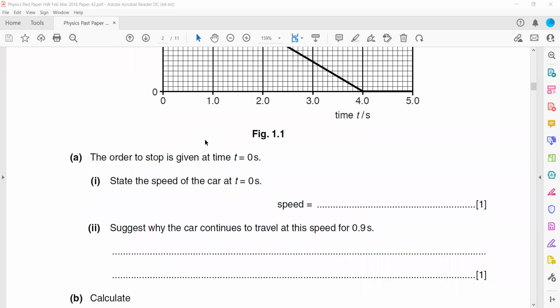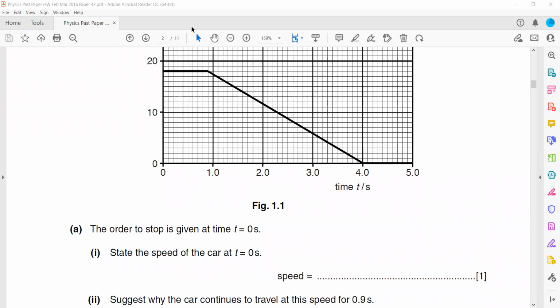Suggest why the car continued to travel for 0.9 second. What is the reason why, even though the instructor ordered the student to stop the car, the student did not stop? The student did not apply the brake. So what is the reason? Because the student will take time to react. As he took time to react, he did not press the brake pedal.